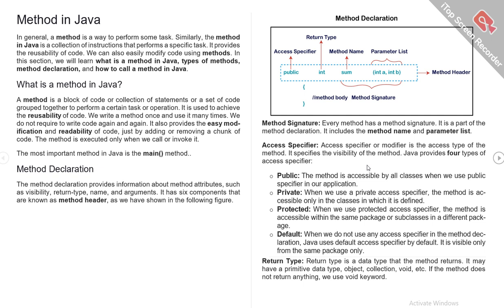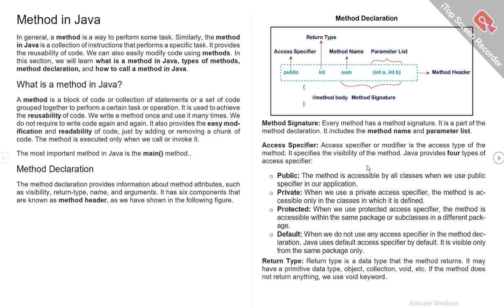When we use the protected access specifier, the method is accessible within the same package or subclasses in a different package. Default. When we do not use any access specifier in the method declaration, Java uses the default access specifier, and it is visible only from the same package.